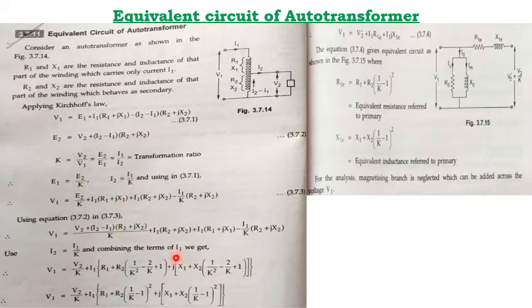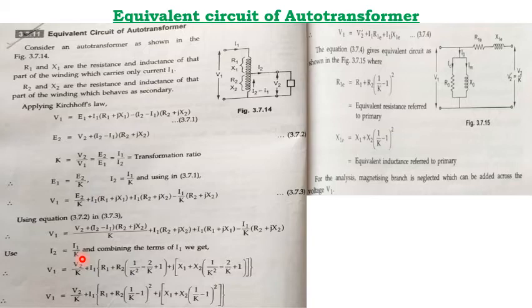So wherever the I1 term is there, you separate that I1 term. Now substitute I2 is equal to I1 by K where I2 is there. Here you have I2, now substitute in place of I2, I1 divided by K. Next you combine the I1 terms.